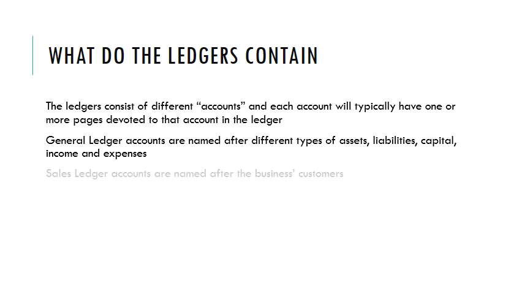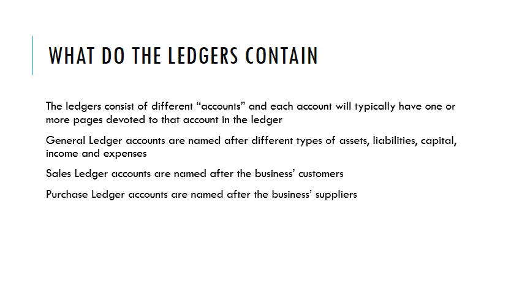With respect to the sales ledger, the accounts will be named after the business's credit customers, so anyone who buys from the business on credit. And the purchase ledger accounts are named after the business's suppliers, anyone who provides credit to the business and will be paid at a later point after the invoice has been issued.